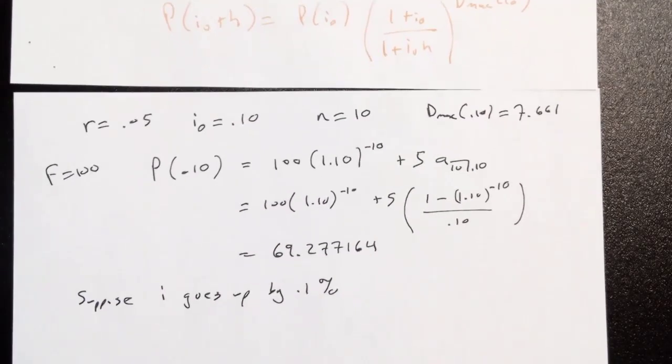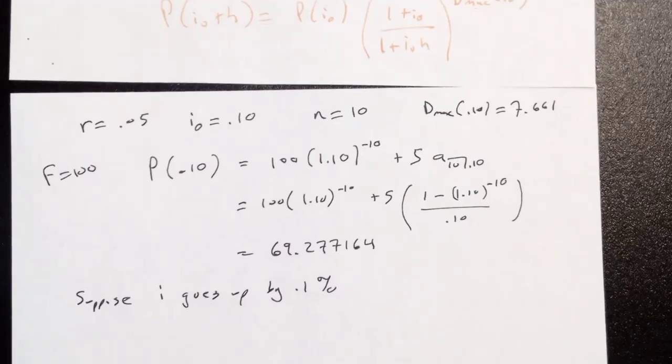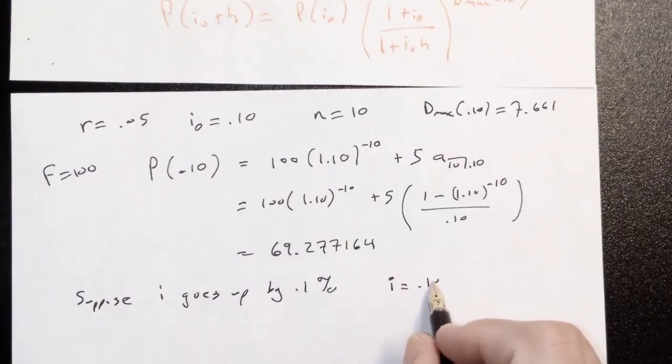Rarely do we actually get 1/10. We often get 1/4% or 0.5%, but 0.1%. I'm going to do the approximations. So I is now 0.101, 0.1%, right?